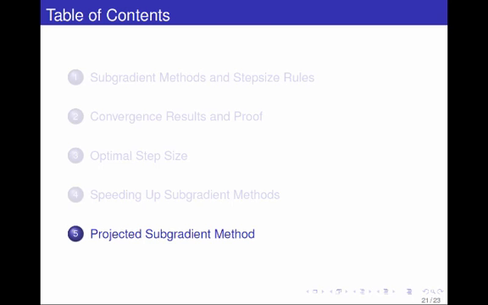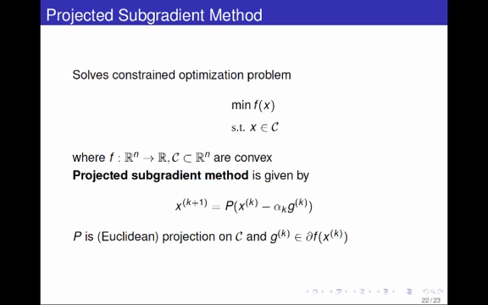So the projected subgradient method is basically going to, if you have constraints in your feasible set, compute the next iterate the same way the subgradient method does it, and take the projection on your feasible set. So, for example, if you minimize a non-differentiable function subject to x greater than or equal to 0, and some components of this new iterate are negative, it's going to slam them up to 0.